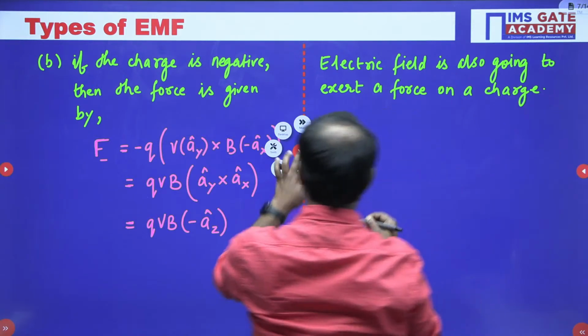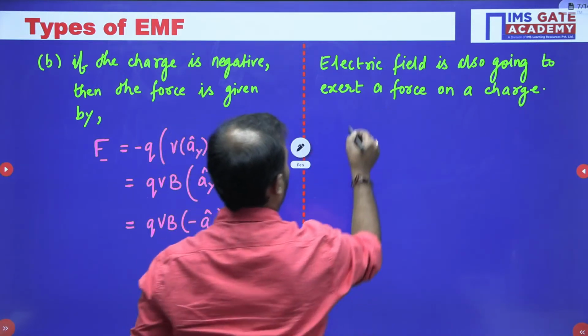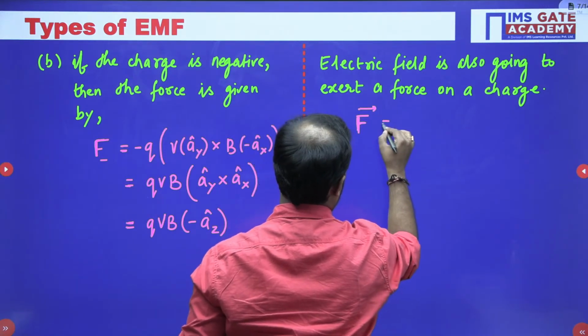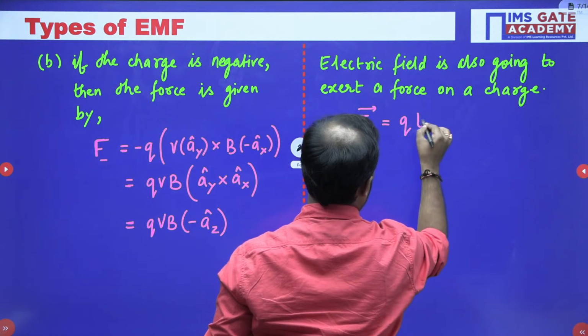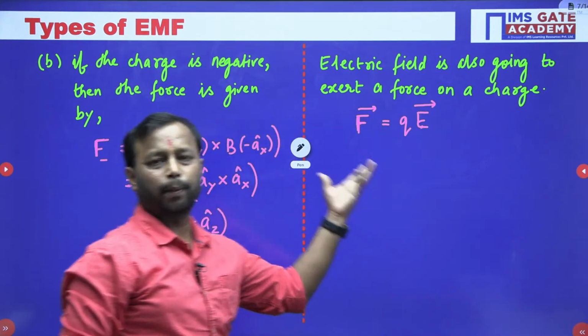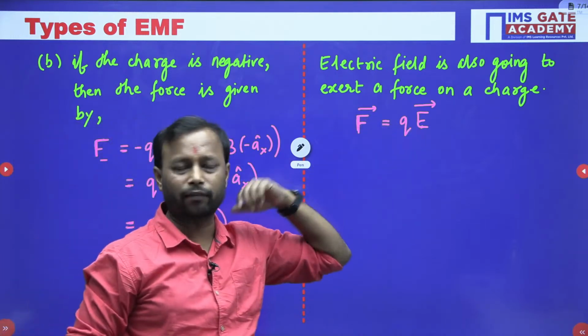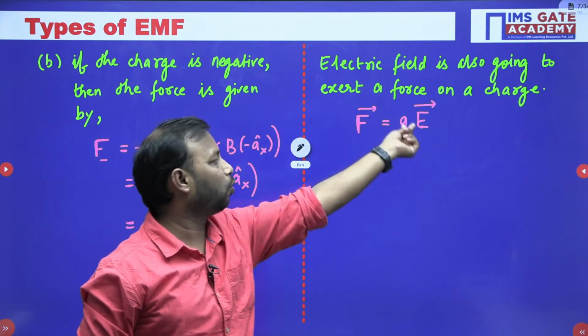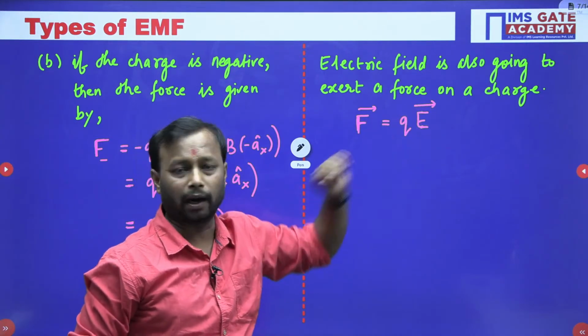F is equal to QE. ये जानते हो कि नहीं? Force per unit charge is nothing but your electric field. So this amount of force is going to be exerted over the charge by the electric field.